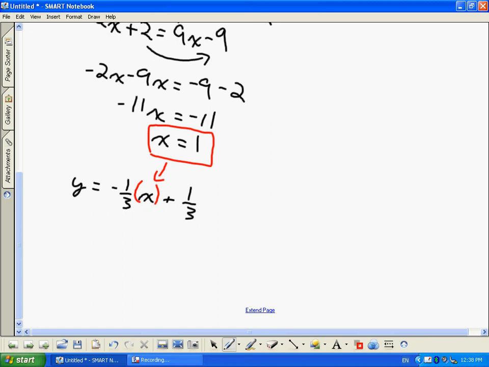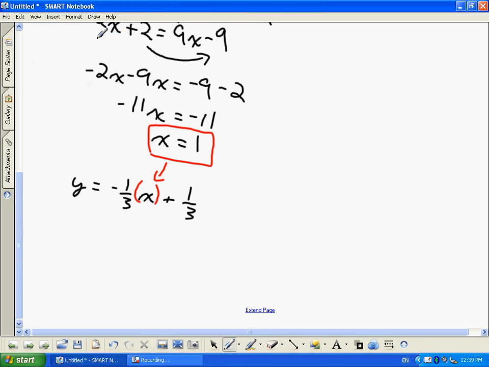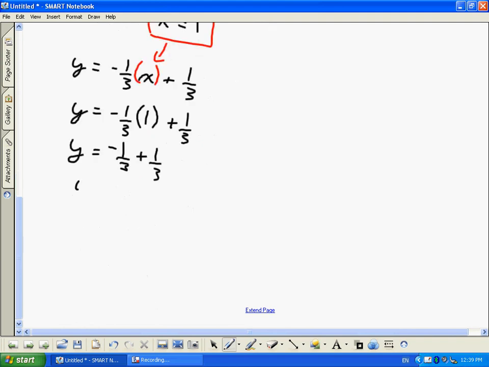So this goes into the x. Okay, let's finish this. We substitute that in for x. Look at that, y equals 0. So the diagonals of these lines cross at the point (1, 0).